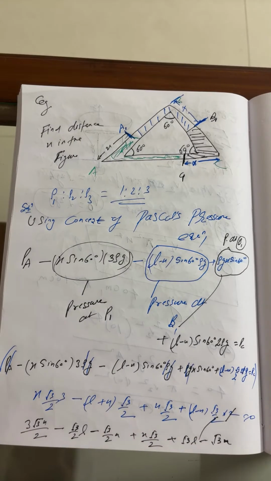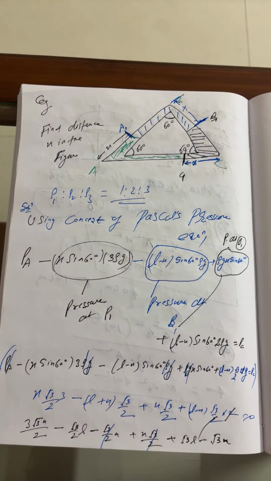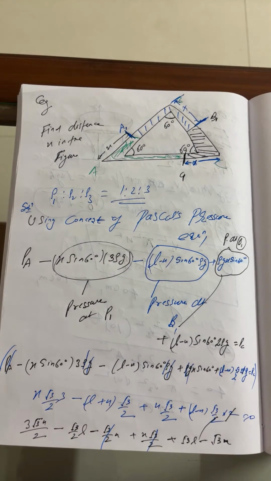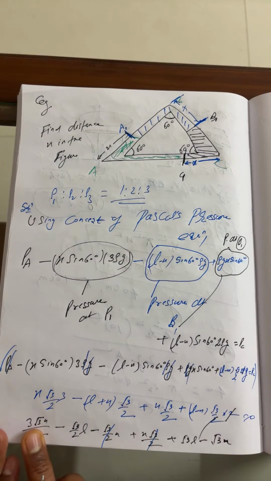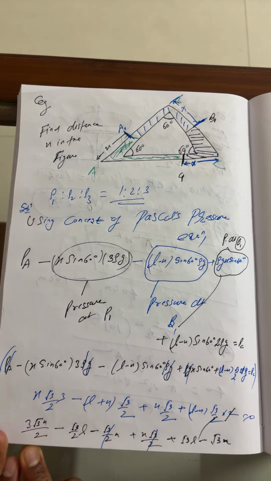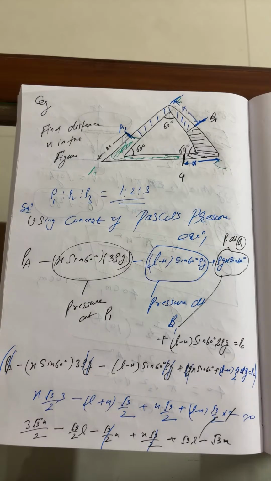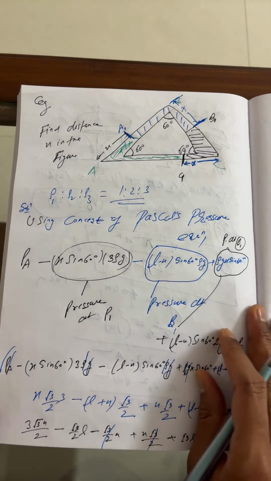So this is cancelled. Okay, this will come this side, so root 3 can be taken common. Finally, what can you write?